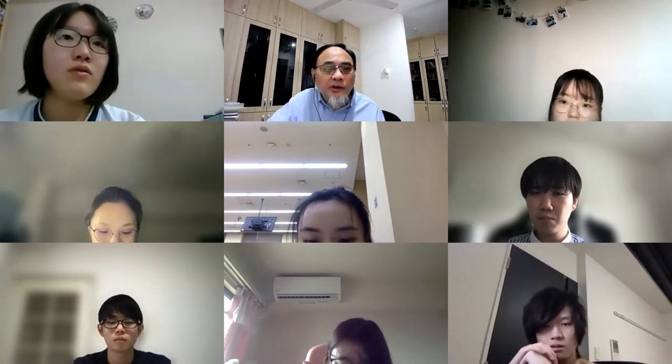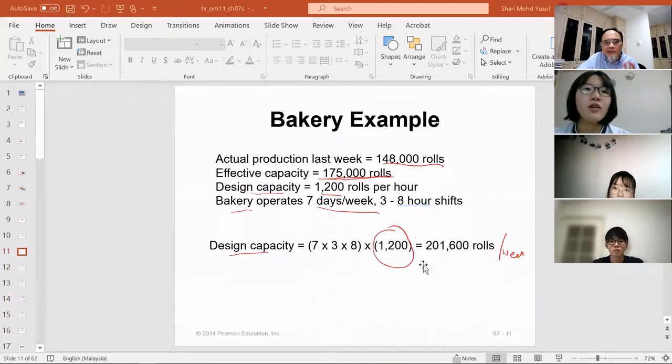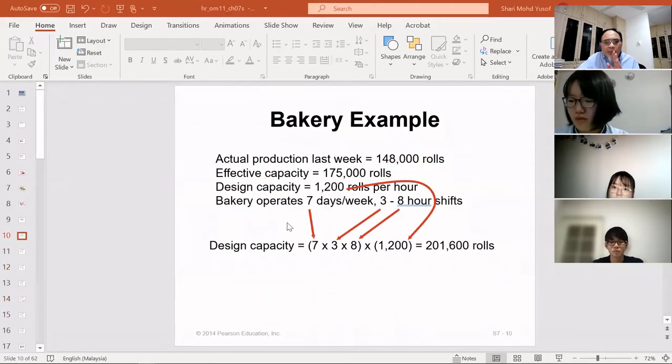It is different because the concept is this. Utilization is not a good measure of capacity effectiveness. A better measure is actually efficiency.